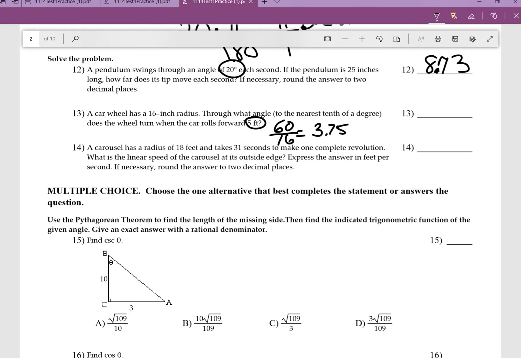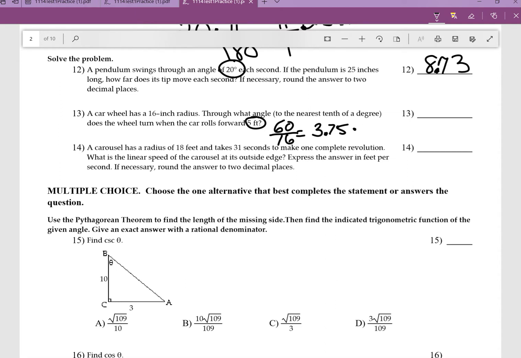And we're going to multiply that then. Alright, and I believe that once you get 3.75, since the car wheel has 16 inch radius, through what angle to the nearest tenth of a degree does a wheel turn when the car rolls forward?